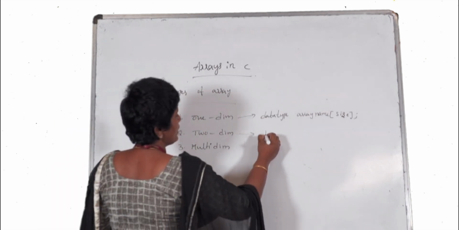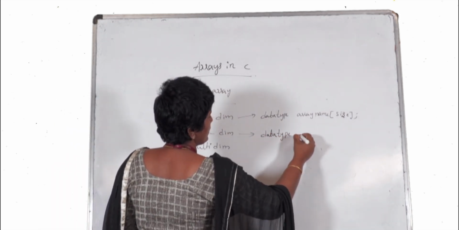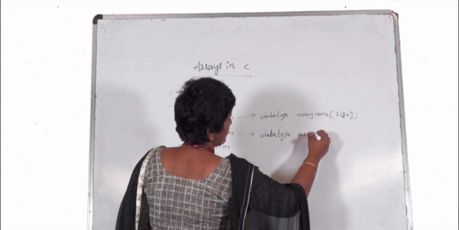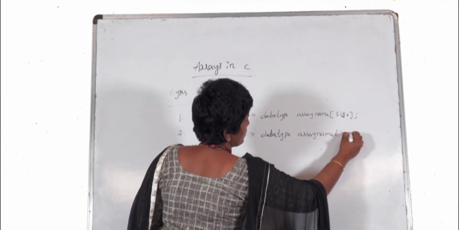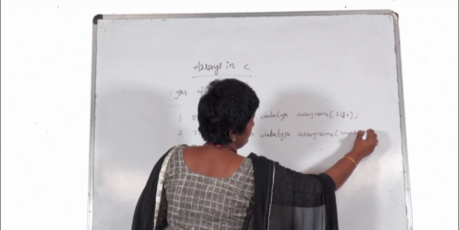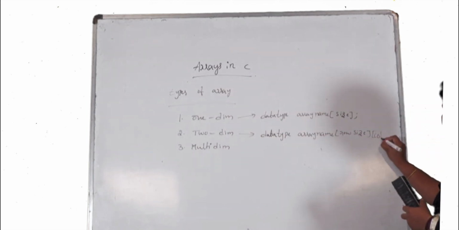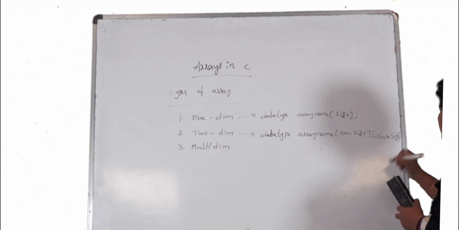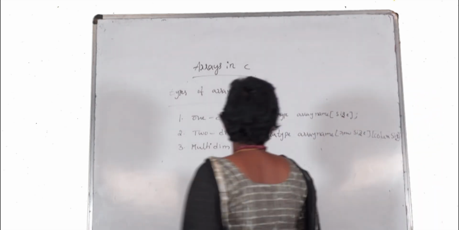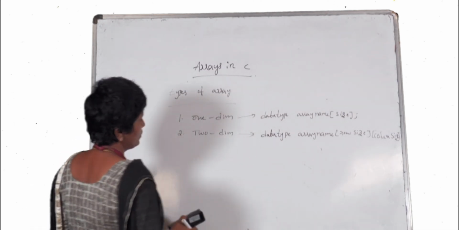Same: data type, array name, row size, column size. After that, semicolon. So we will discuss two-dimensional array.